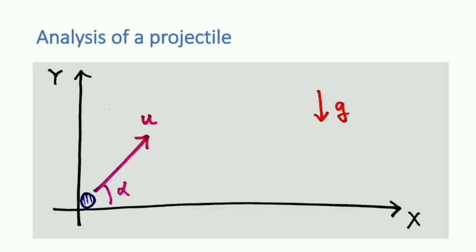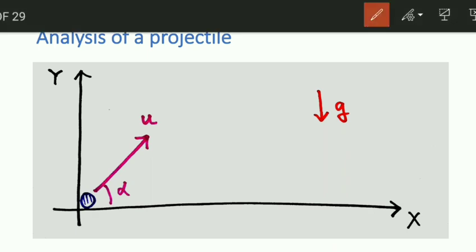So let's analyze the projectile. First of all, we have a particle. This particle is being projected with an initial velocity u at an angle of projection alpha, and also there is an acceleration due to gravity which is acting downwards always.